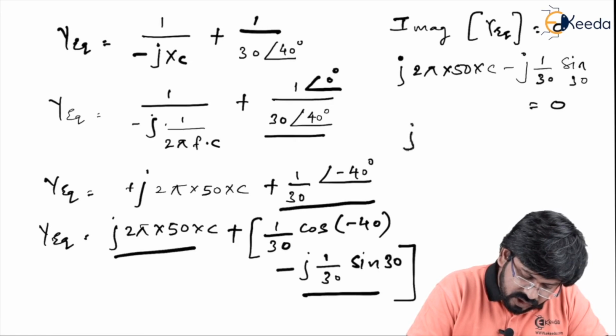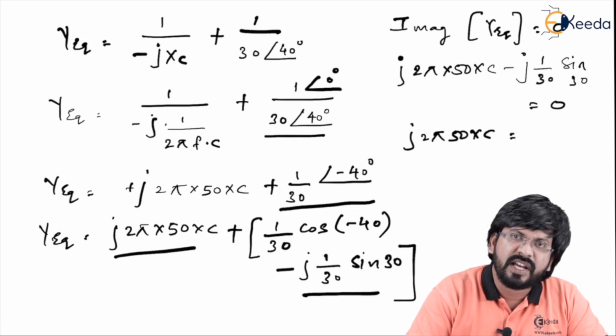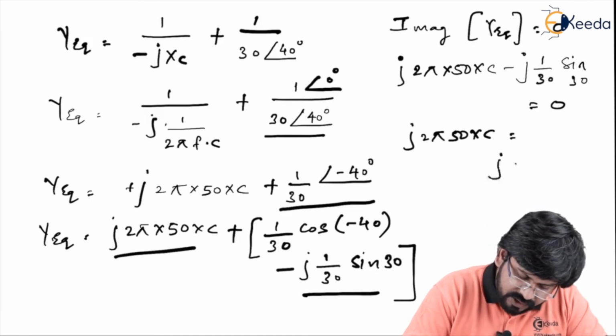Or J 2 pi 50 into C equals J times 1 upon 30 sine of 40.